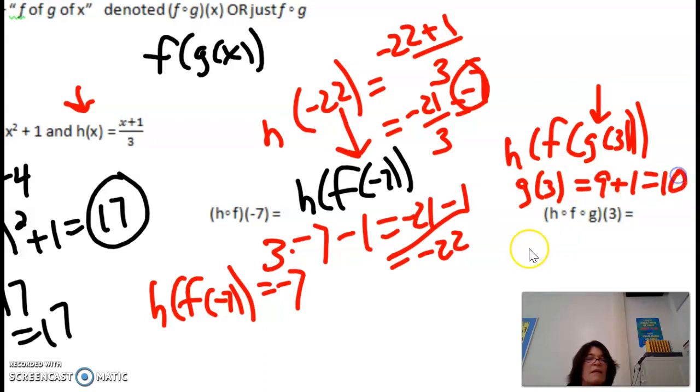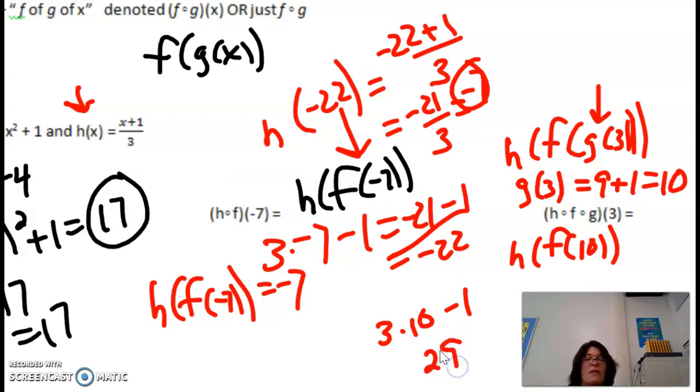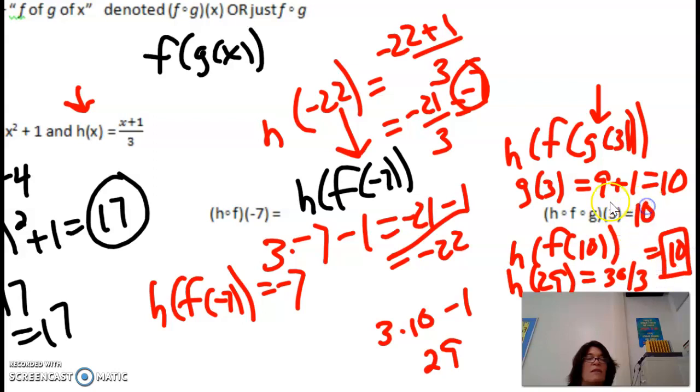So that's going to be 10. So I have h of f of 10. I'll put 10 in the f function. That tells me take 3 times 10 minus 1. 30 minus 1 is 29. So now I just have to take h of 29. The h function says take x, add 1, and divide by 3. 29 plus 1 is 30. Divided by 3 is 10. So that final answer is 10.